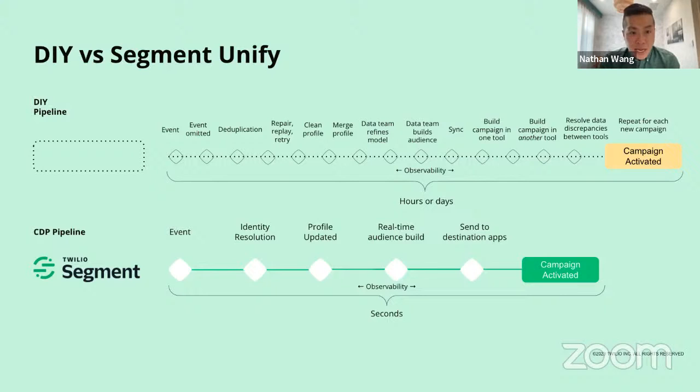Some key aspects: it captures events in real time, and it carries out identity resolution in a deterministic manner based on the identity graph rules that you can configure according to your business needs. And once the golden profile is assembled and available in Segment Unify, you can use that to build real-time audiences and send that single source of truth off to multiple destinations easily and maintain consistency across your tools.